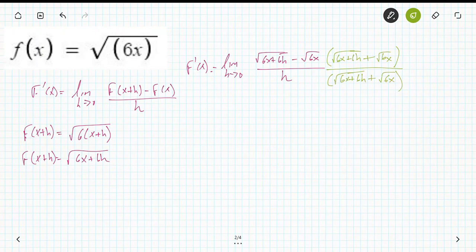Okay, so think back to when you needed to simplify imaginary numbers, right? This is something similar. You multiplied by a conjugate, okay? Now you're going to use the distributive property to simplify the top. So I'm not going to work that out.